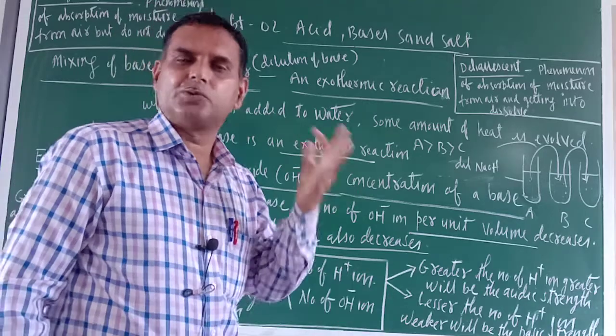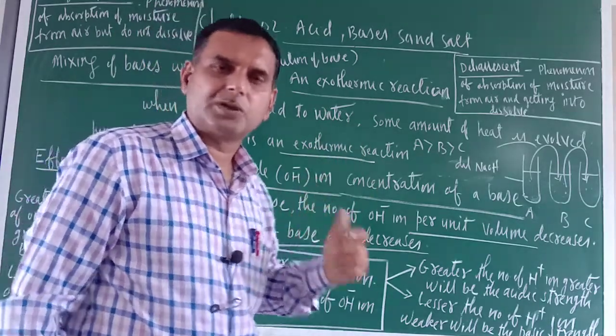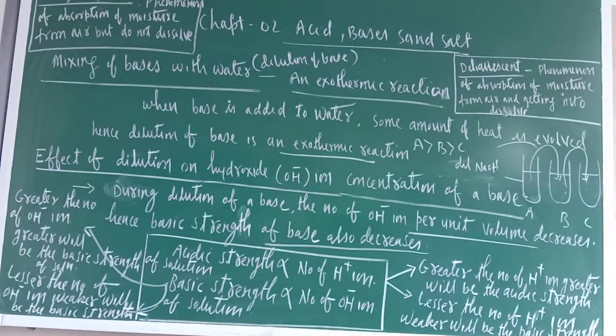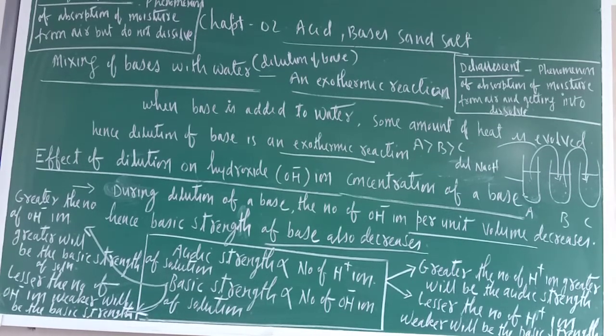So these two things are happening in case of dilution of acid and bases. Okay, so these two things you just remember, they are very important. Now let us move towards the last portion of this base topic.